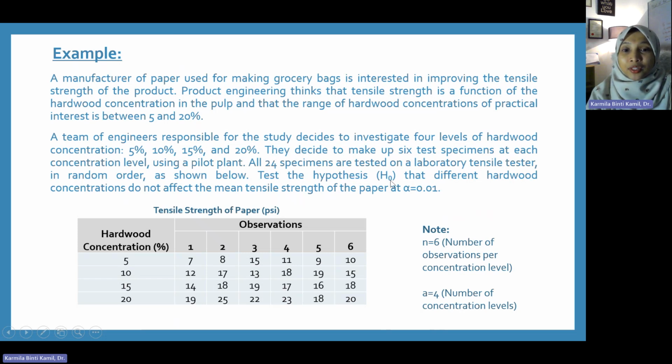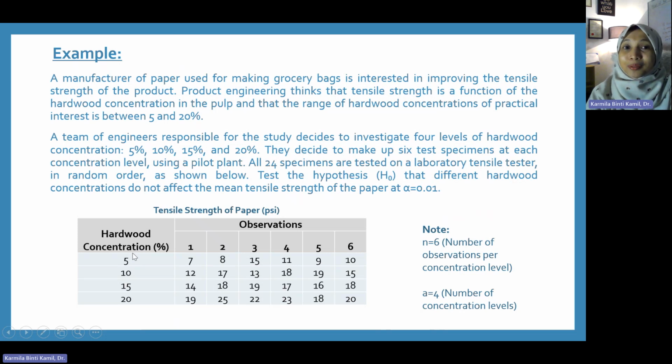Test the null hypothesis that different hardwood concentrations do not affect the mean tensile strength of the paper at alpha 0.01. So the probability is 0.01. You are given a table here with 6 observations and 4 levels of hardwood concentration.